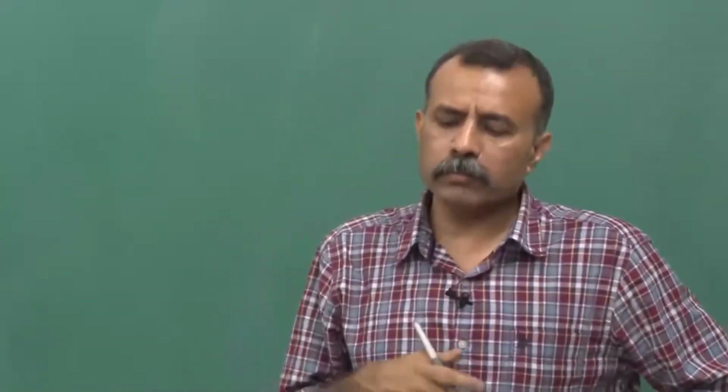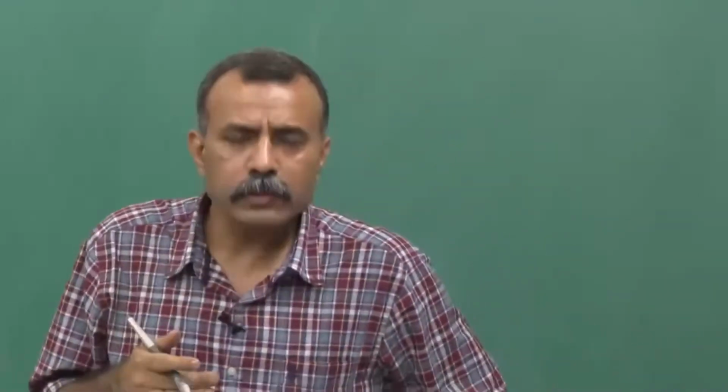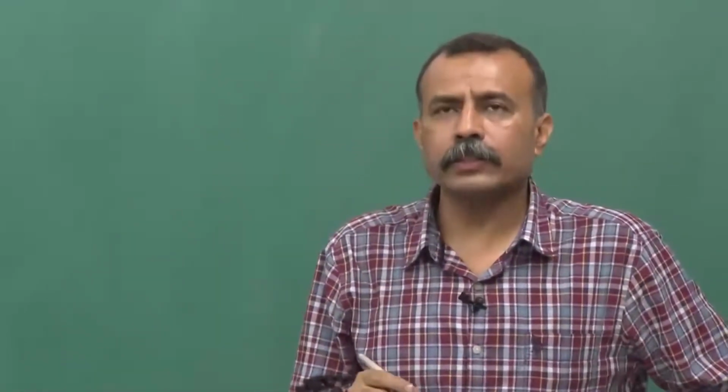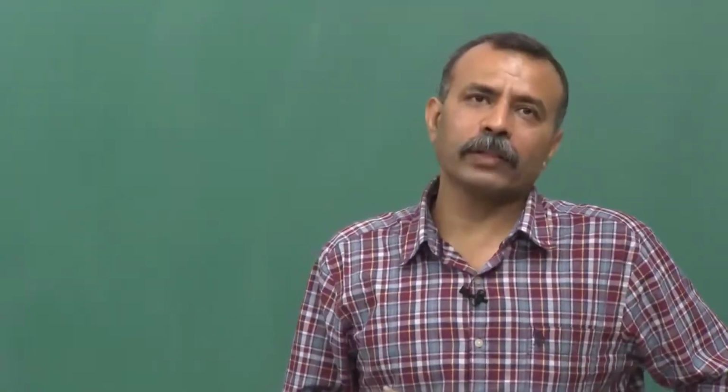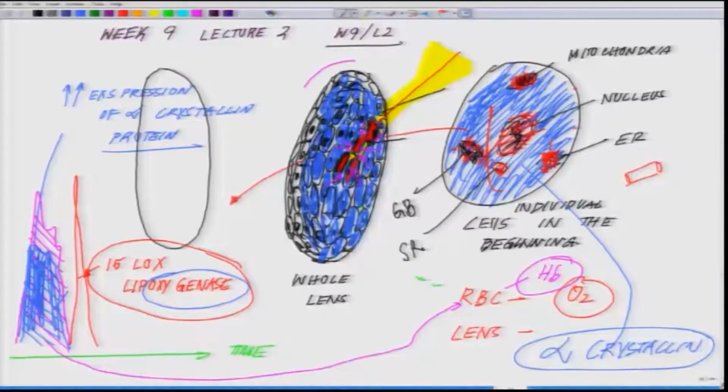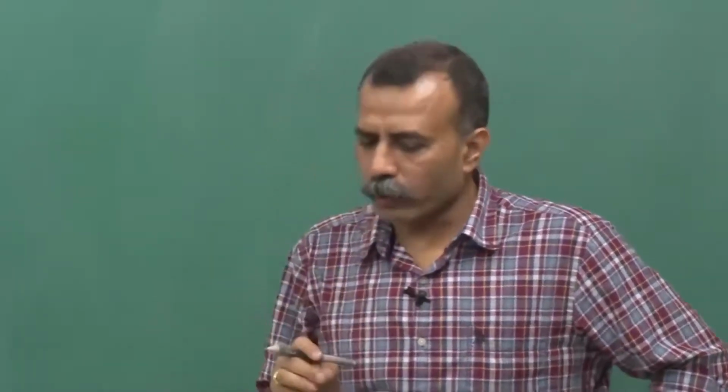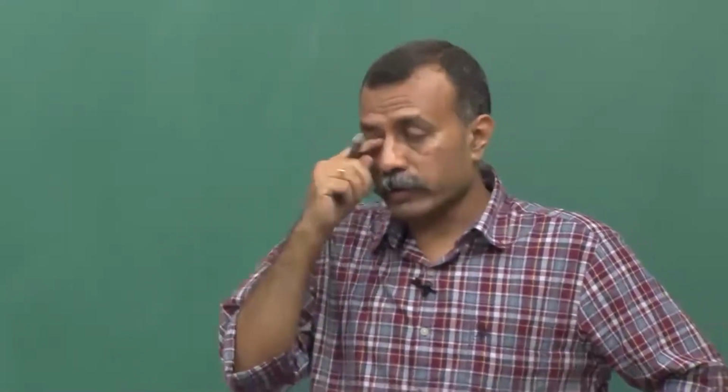As aging progresses, this strategy will also falter. So, then you will be left with only one strategy, that you replace the whole lens with an artificial lens. That is the only other way by virtue of which you can get around it, and that is what cataract surgery is all about.